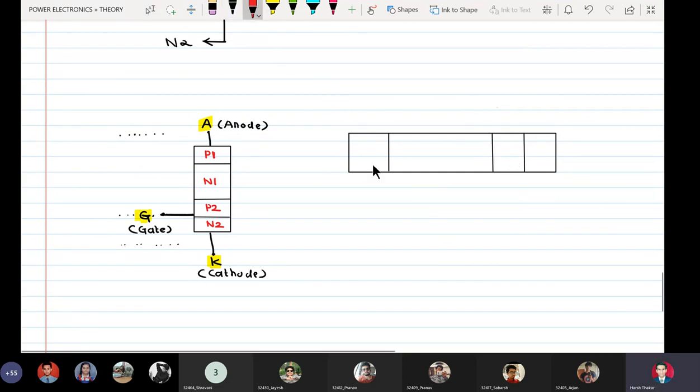So P1, N1, P2, N2. Anode, cathode, and gate.